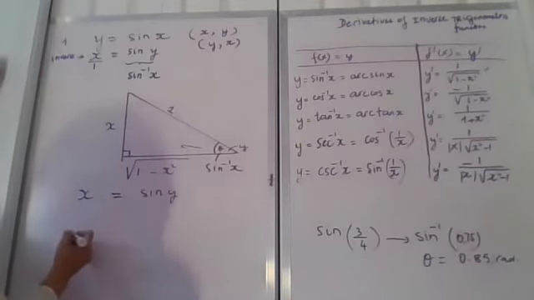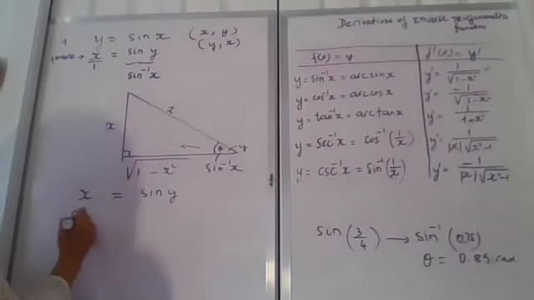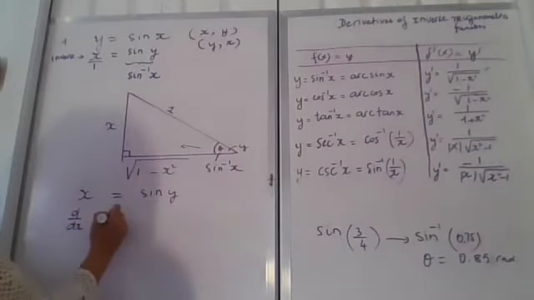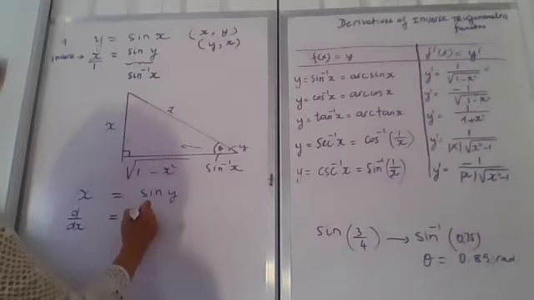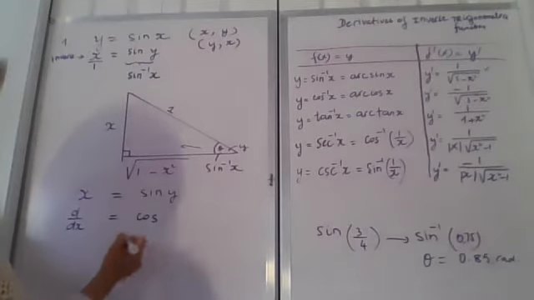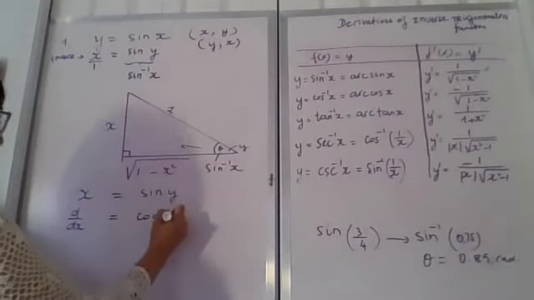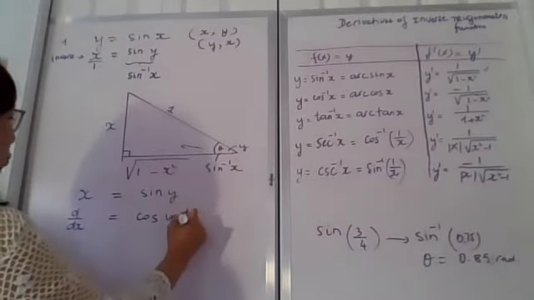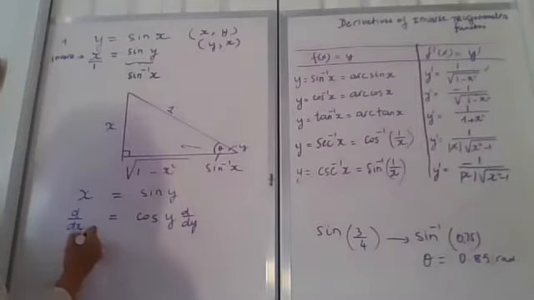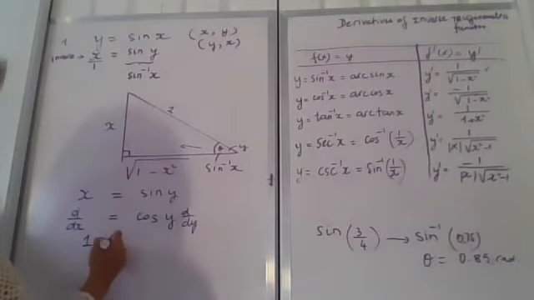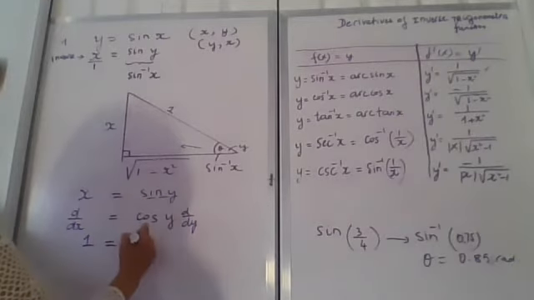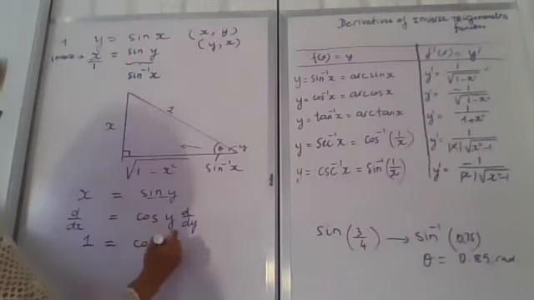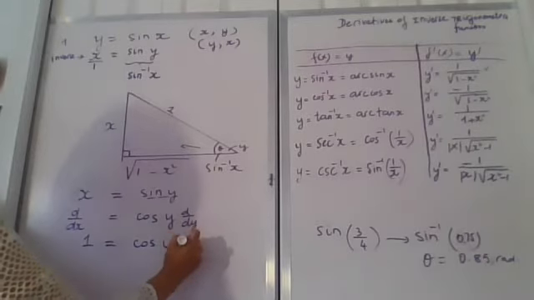So what is the derivative of it? You can say d over dx equals cos, right? Derivative of this is cos y, and d over dy. Or you can write it like the derivative of x is just 1. We can do that as well. Equals the derivative of sine y, which is cos of y y prime.